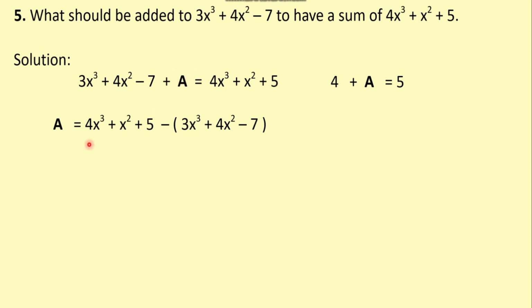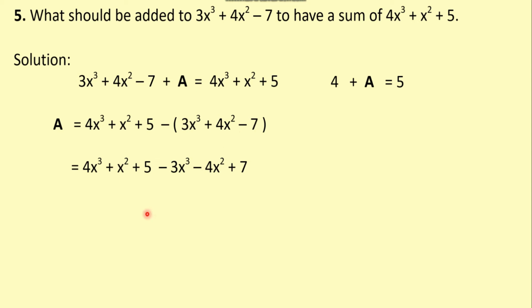So, sasubtract natin to dito. Okay? Then, i-distribute natin yung negative. Negative times 3x cubed is negative 3x cubed. Negative times 4x squared is negative 4x squared. Negative times negative 7 is positive 7.